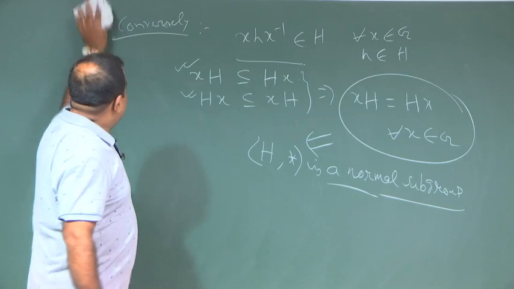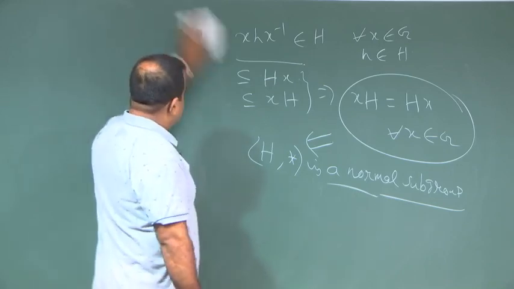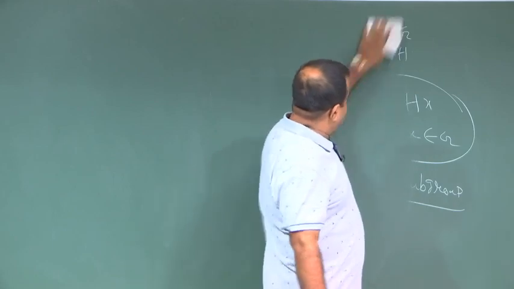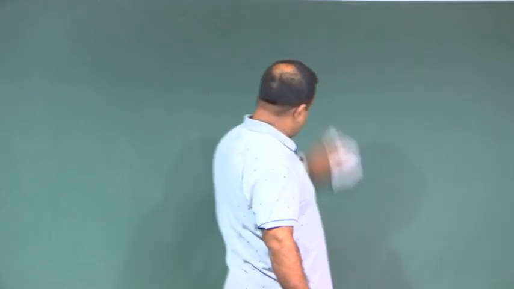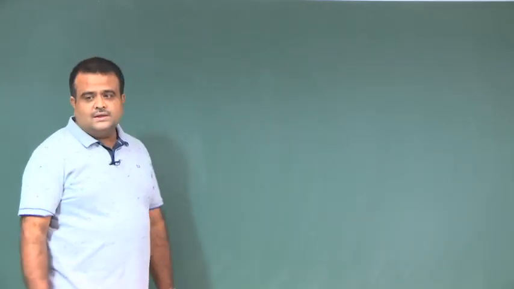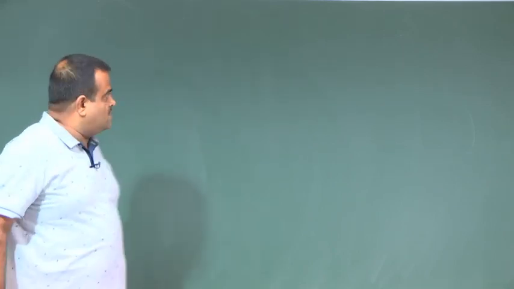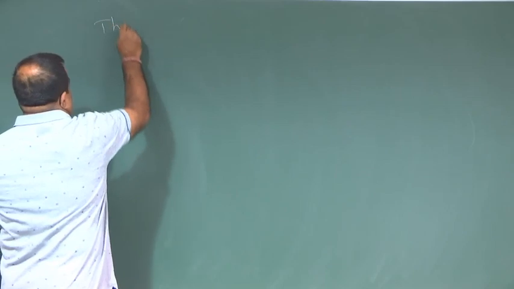Okay. So now we will prove some results on normal subgroups. For example, if we have two subgroups H and K and both are normal, then whether the intersection is a normal subgroup or not, that is a theorem.